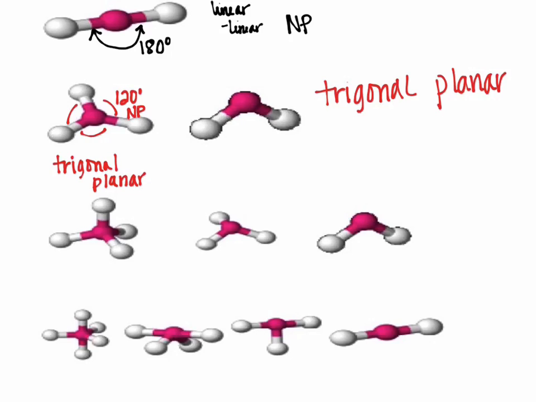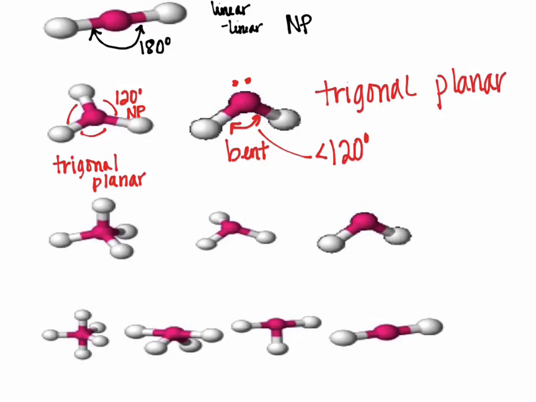Okay, so if we were to remove one of those atoms, and now we have two atoms on it and one lone pair, this is still the trigonal planar family, further classified for geometry as bent. The angle right in here is less than 120 degrees.